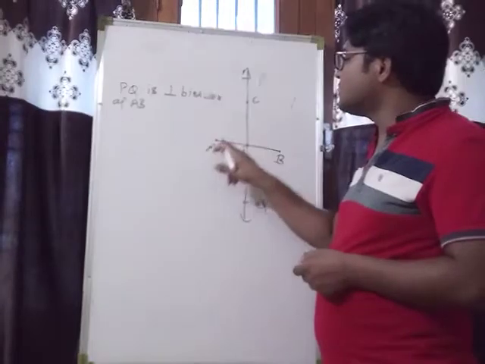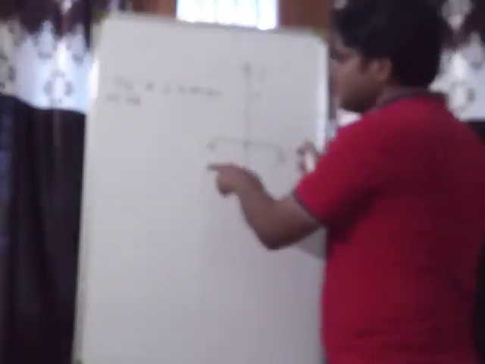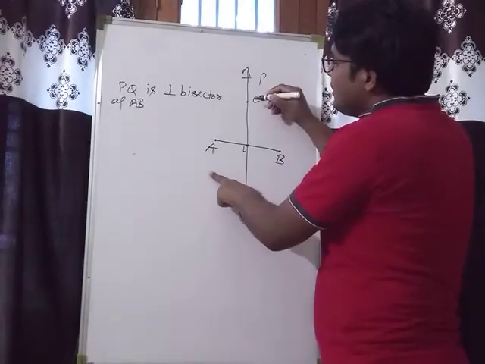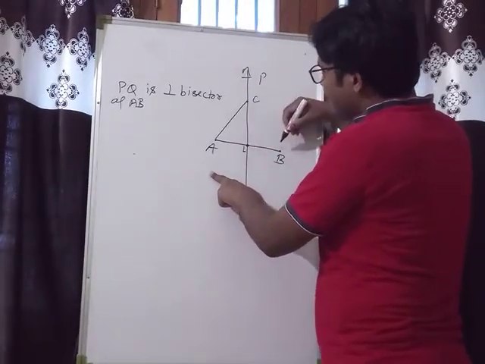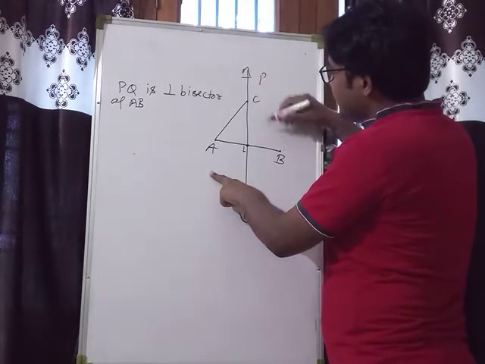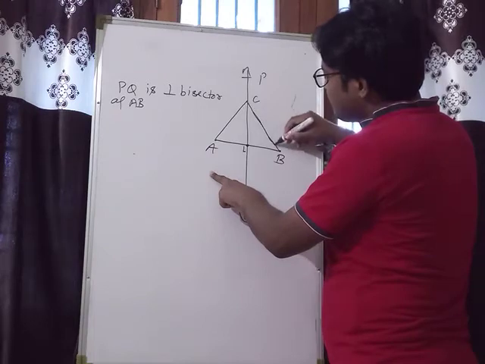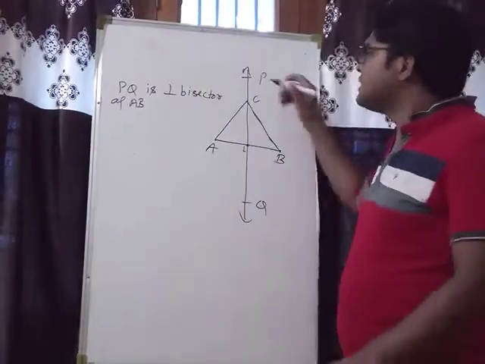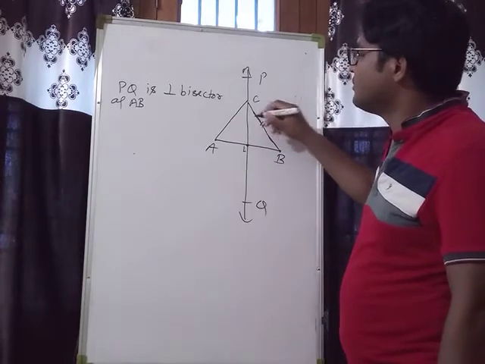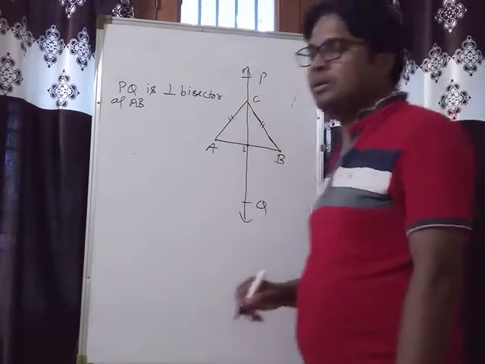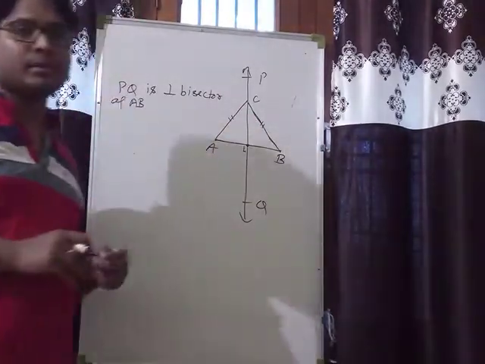Then its distance from the end points A and B, that is AC and BC, the distance of this point from the end points will be same. These two will be equal. That is the theorem.